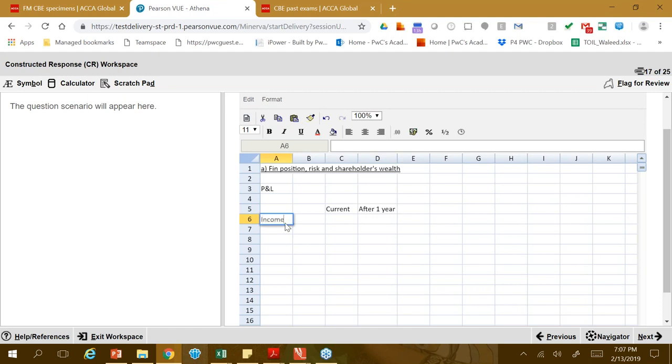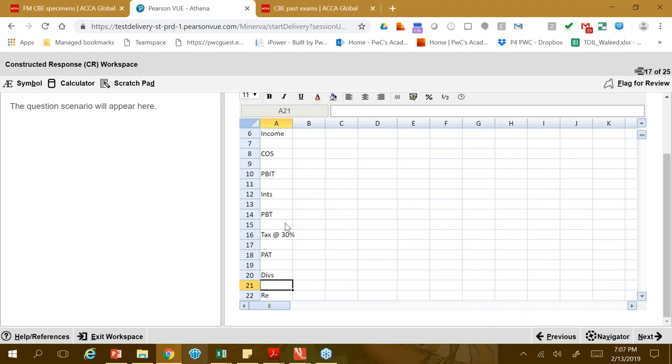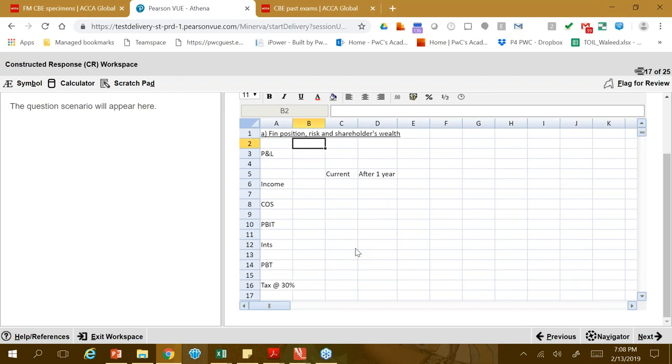We have income, we have cost of sales, we have profit before interest and tax, we have interest, profit before tax, tax at the percentage of 30%, and then profit after tax, dividends, retained earnings. The dividends, as we know, are 40%. The retained earnings will be the 60% balance. So this is the structure.